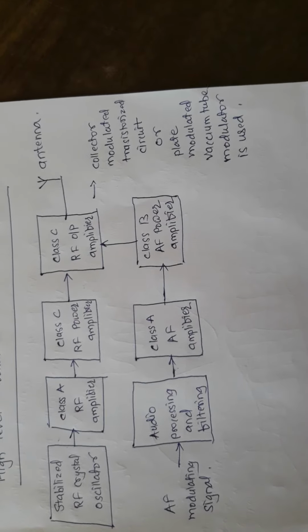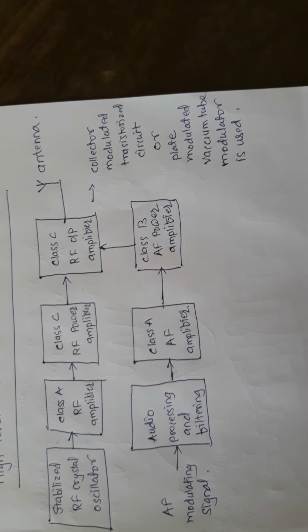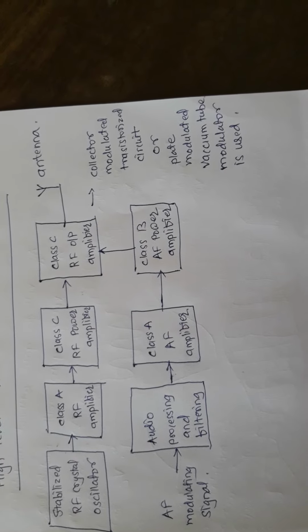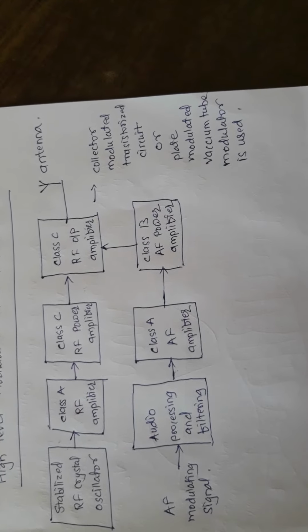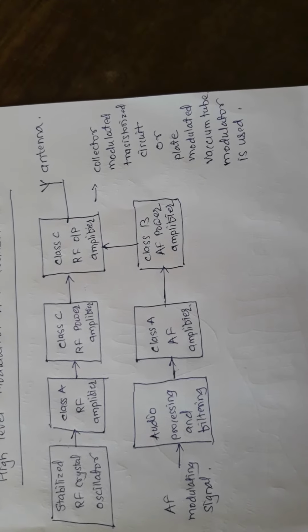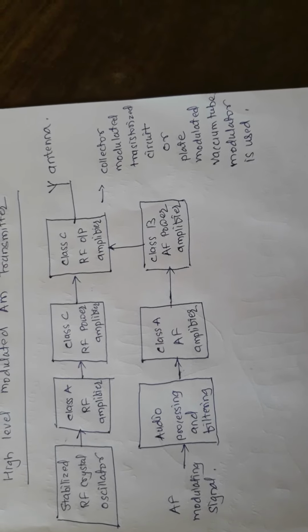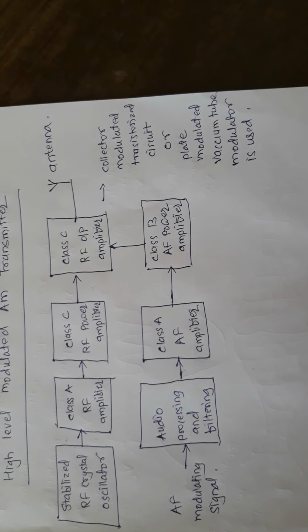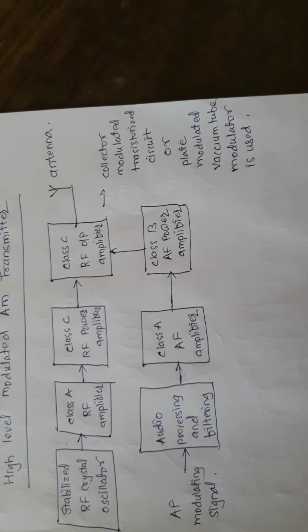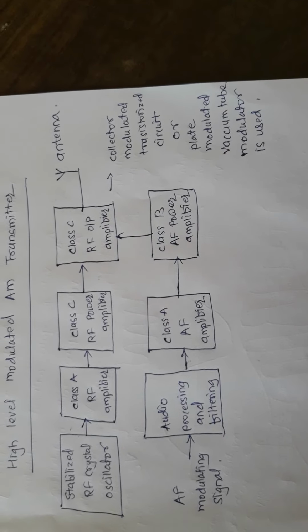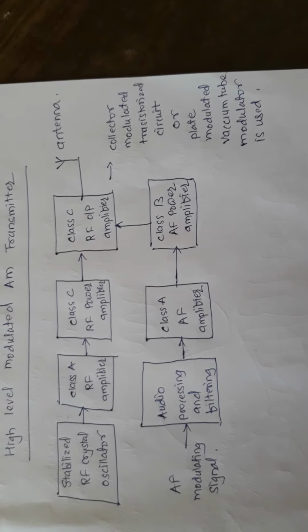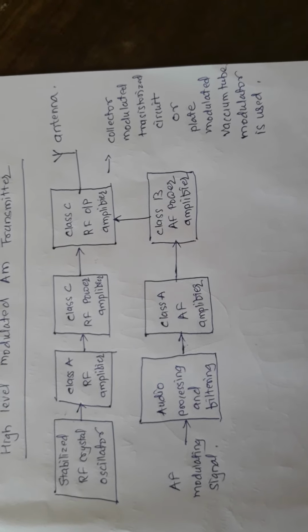So if 1500 watt total power is to be transmitted after the amplitude modulation process, then the modulating signal power must be 500 watt. This highlights the need to amplify the modulating signal to an adequate level acceptable by the class C amplifier, so that the modulation process takes place.